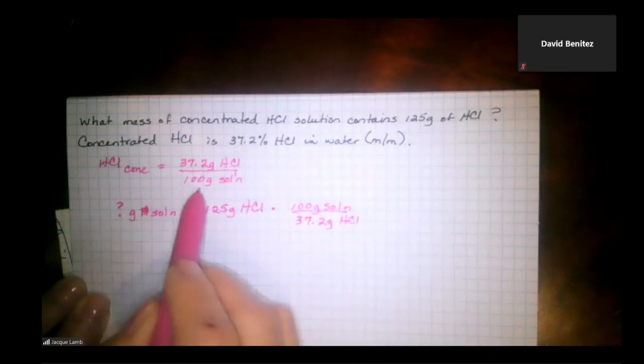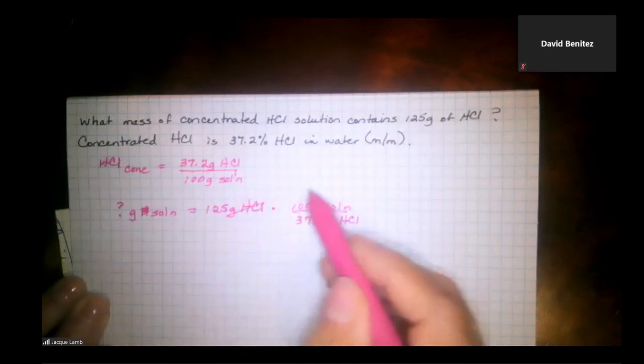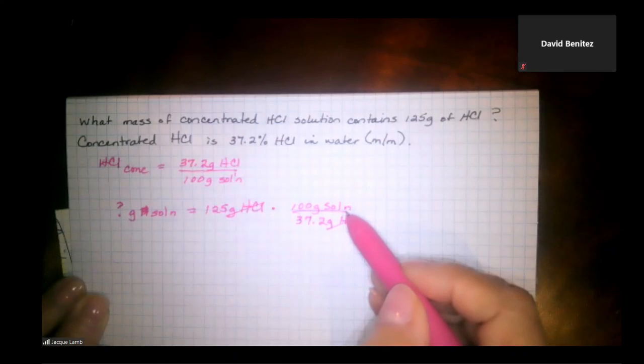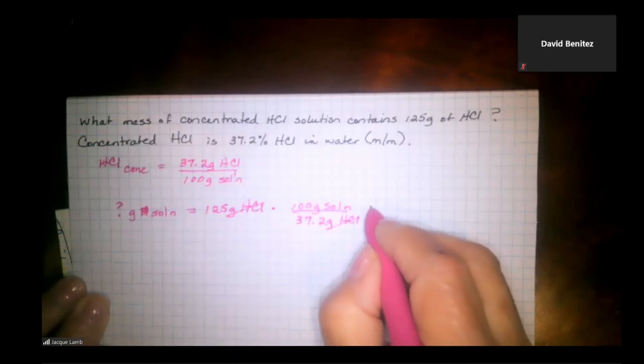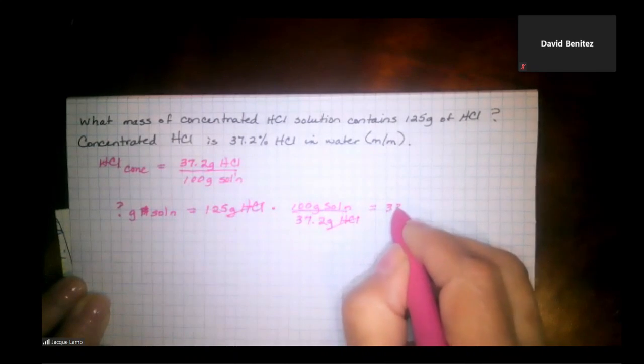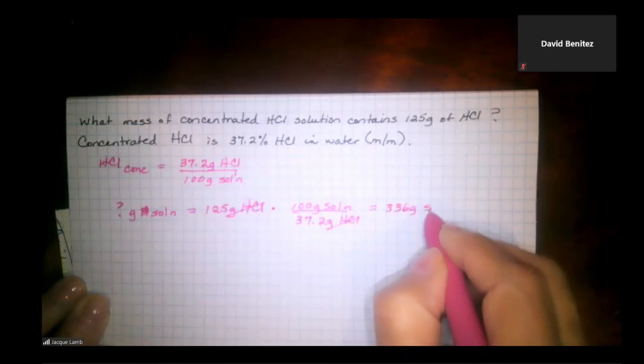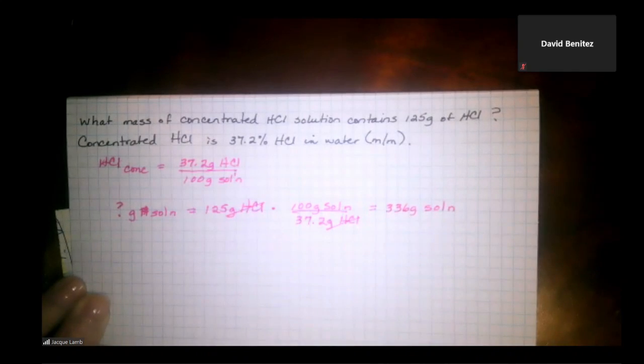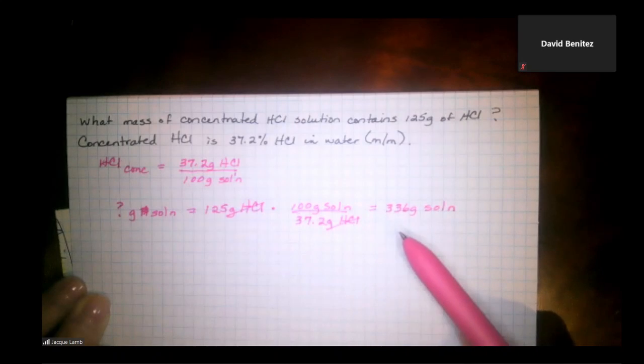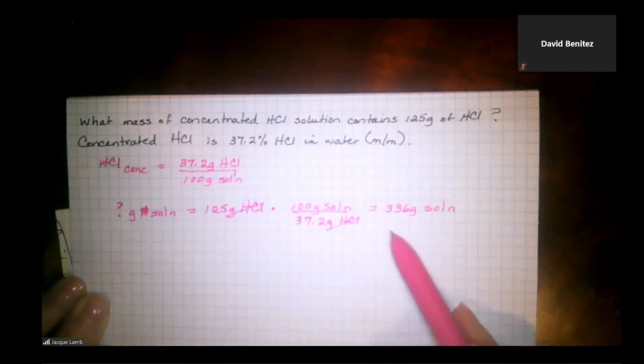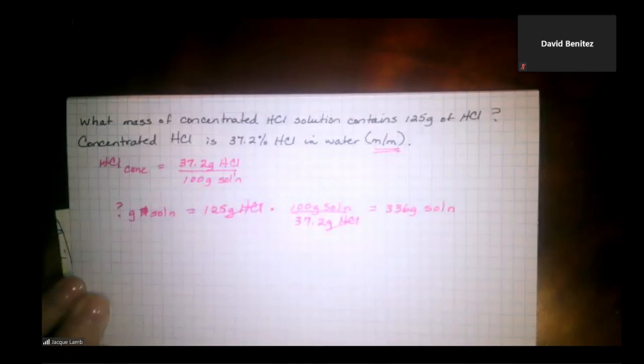So I'm using this unit factor to cancel grams of HCl and end up in grams of solution. And it is 336 grams of solution. So if I want 125 grams of HCl to go into my reaction mix, I need to know what amount of this solution to add to get that 125 grams. This is how I would do it. Okay, so that's one way to deal with mass.